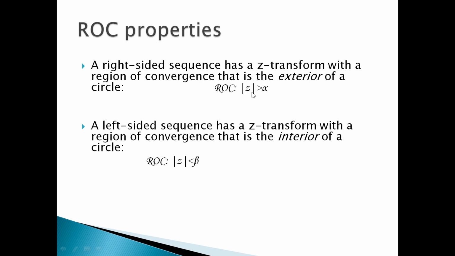When the ROC |z| is greater than something, then the ROC will be the exterior of the circle, and this will be the right-sided sequence. For a left-sided sequence, the ROC will always be the interior of a circle, and it can be written as ROC |z| is less than beta or alpha, whatever be the value.